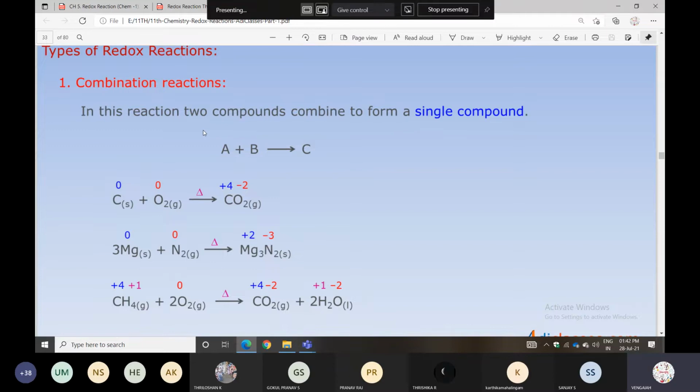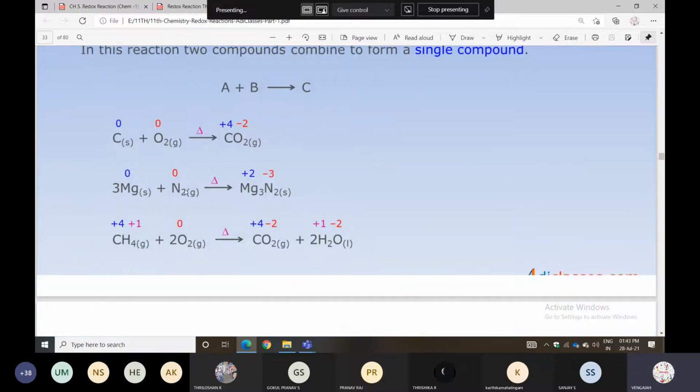So combination reaction is nothing but a reaction in which two compounds combine to form a single compound. Two elements, or one compound and one element, combine together to form a single compound. A single product is there.